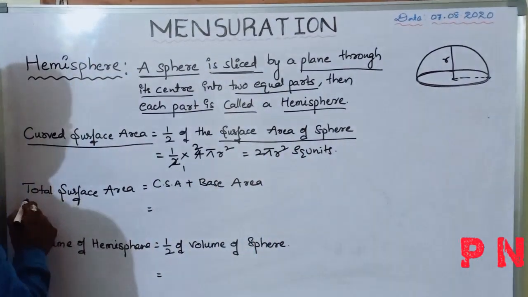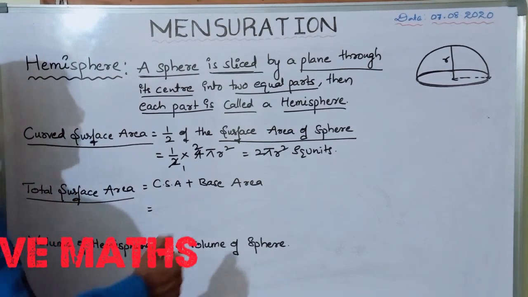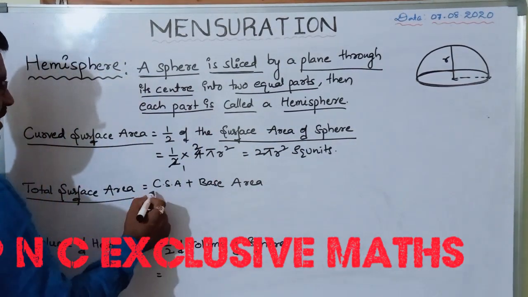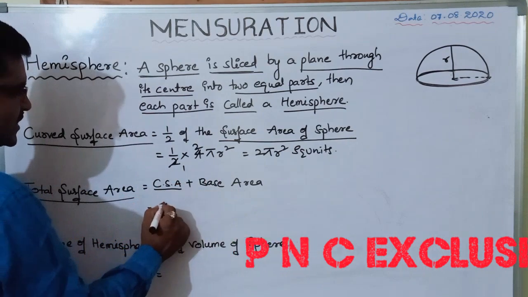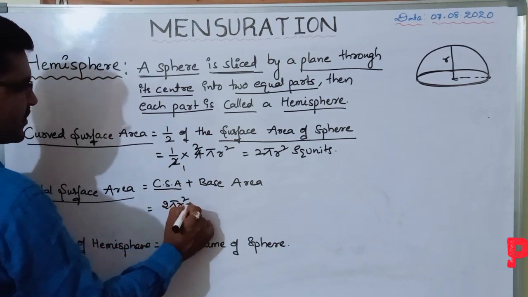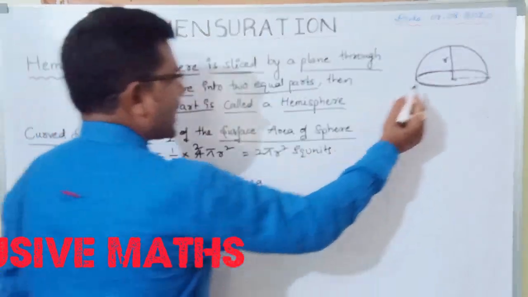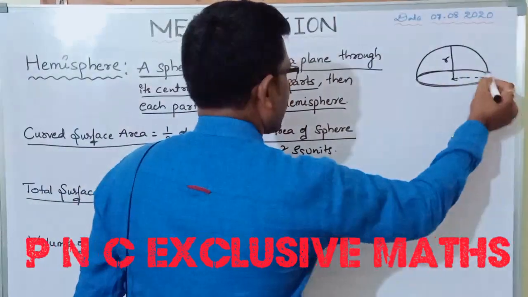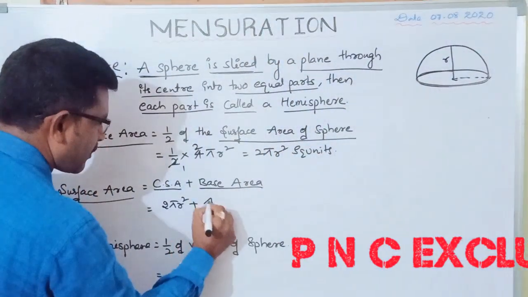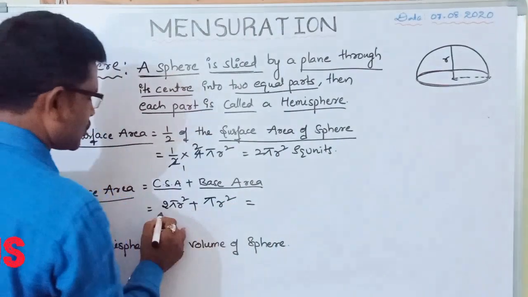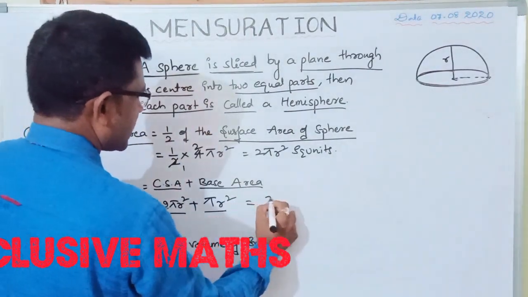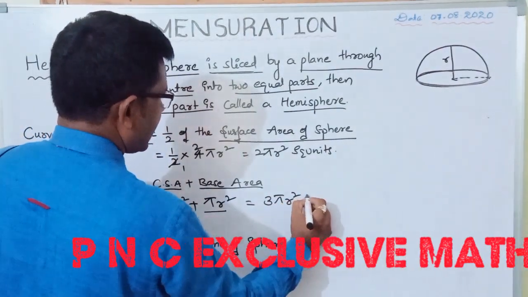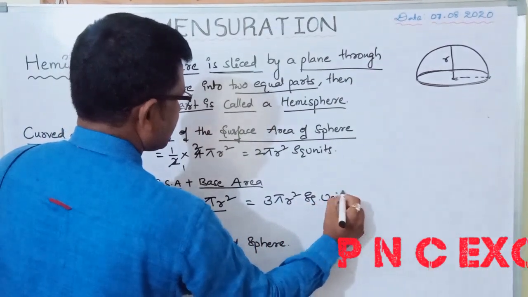Now coming to the total surface area of a hemisphere. The total surface area is the CSA, 2 pi r square, plus the base area. The base is circular in shape, that means pi r square. So 2 pi r square plus pi r square is 3 pi r square units.